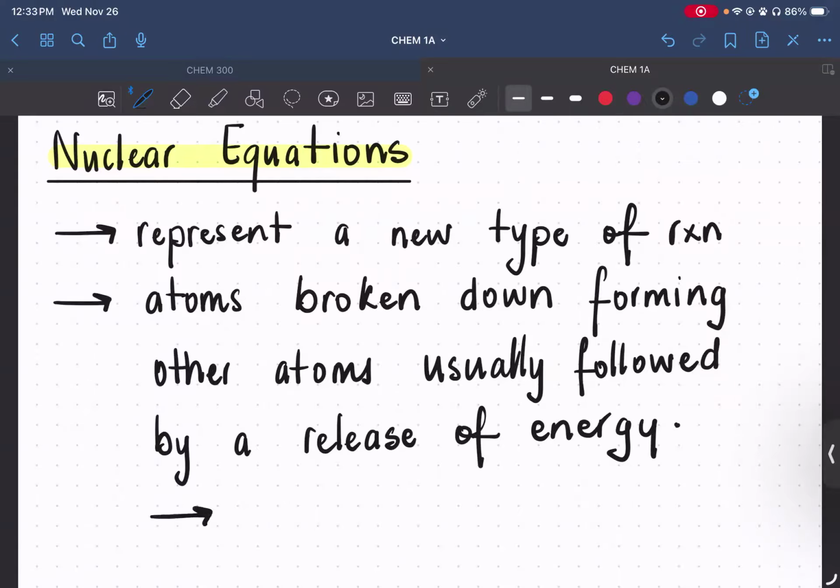This energy, to no one's surprise, given this topic is nuclear equations, is referred to as nuclear energy.